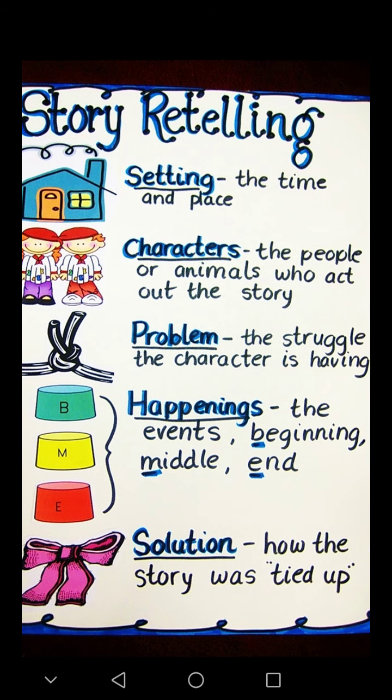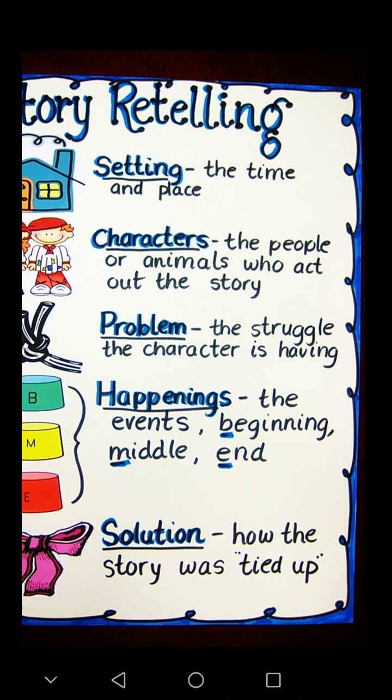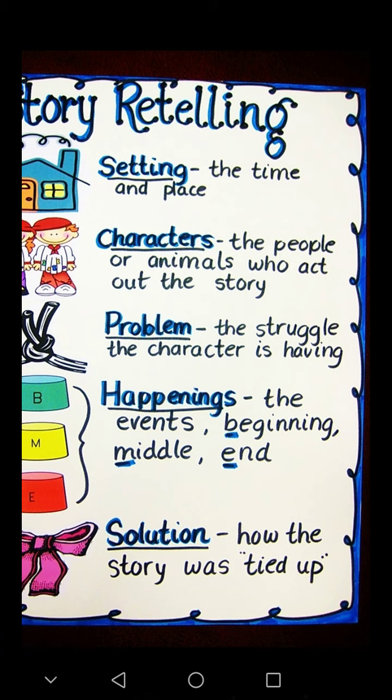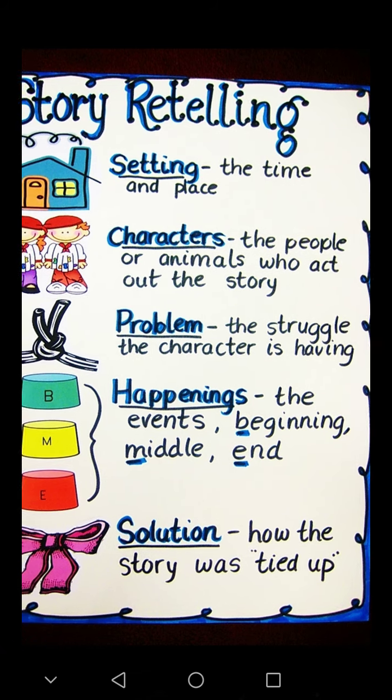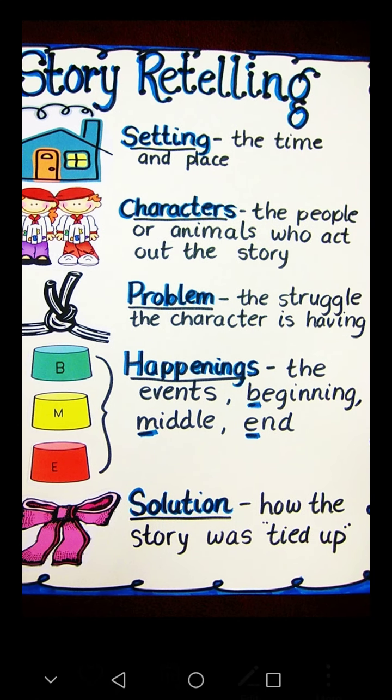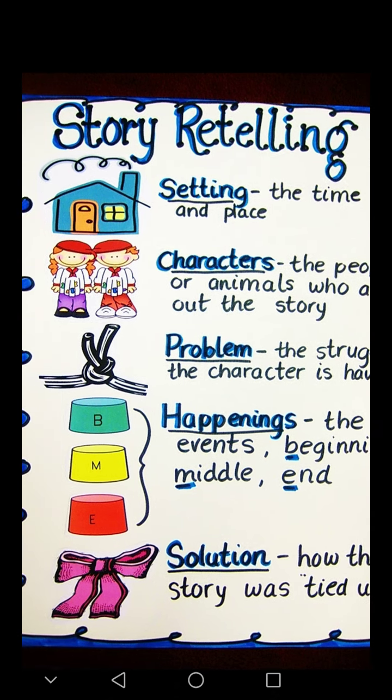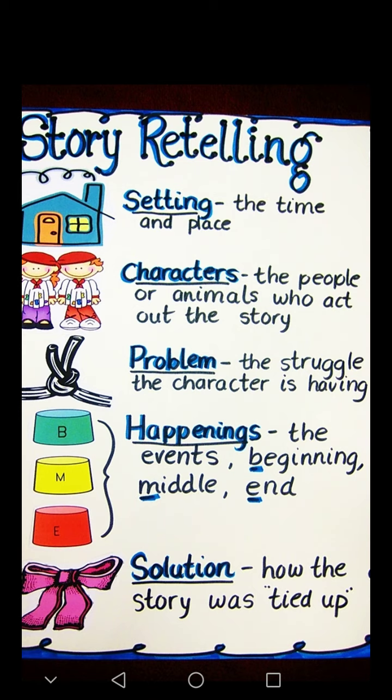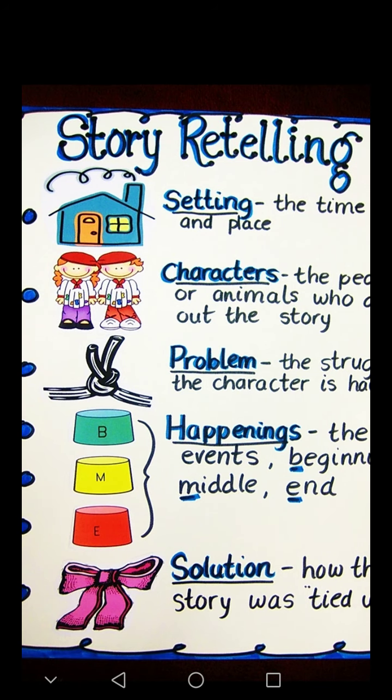Then the problem of the story, the struggle the character is having in that story, and what is happening, the events, the beginning, the middle, and the end. Then the last one is the solution. So these are the different parts or elements of a story.